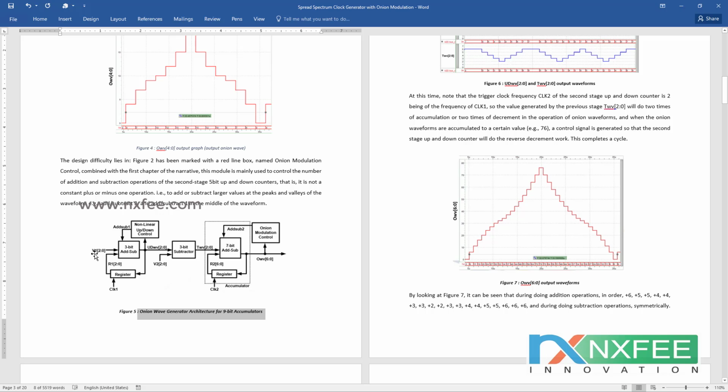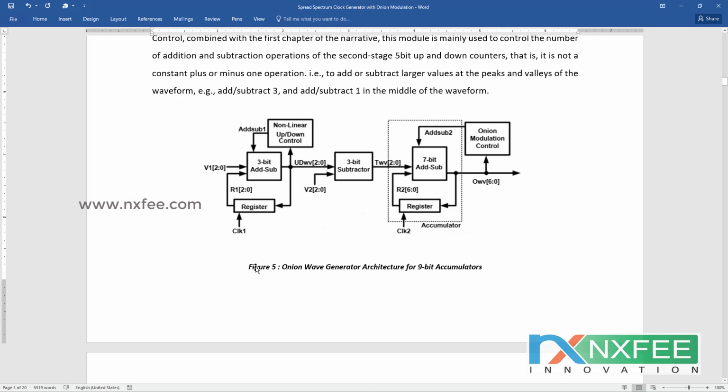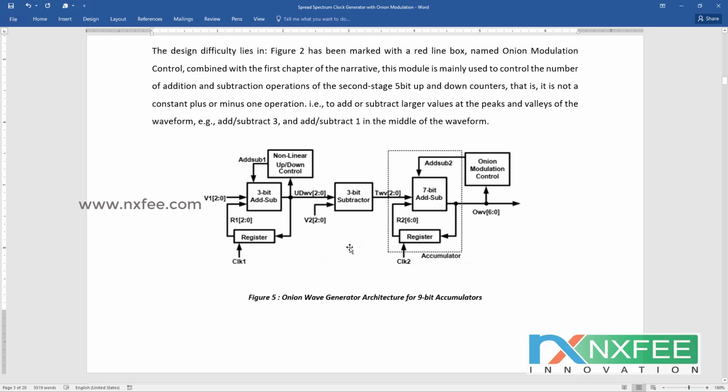Here we give input signals V1 and V2 and clock 1 and clock 2. V1 and V2 are constants, and clock 1 and clock 2 are different clock frequencies. Compared to clock 1, clock 2 is more than 4 times clock 1. The output signal is taken from OWV.